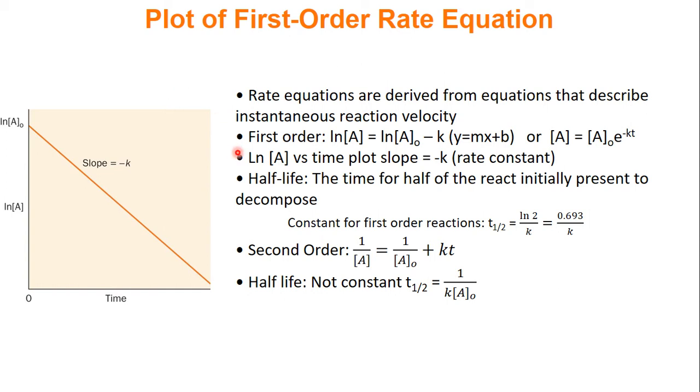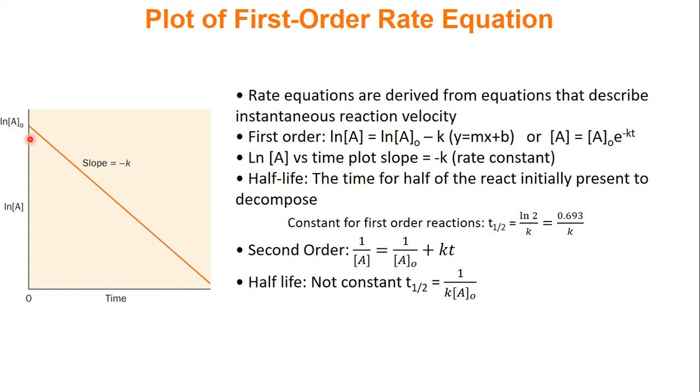To plot a first order reaction, we plot the natural log of A against time, where our equation is the natural log of A equals the natural log of how much A you started with minus Kt.